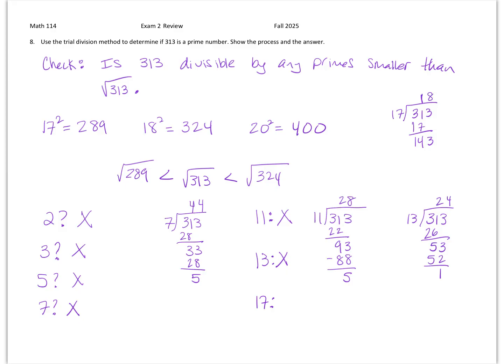And 8 times 17 is 136, I think. And when we subtract, we get 7, which is a remainder of 7, which means 17 does not divide 313 cleanly with no remainder. So because none of the primes smaller than the square root of 313 divide 313, 313 is prime.